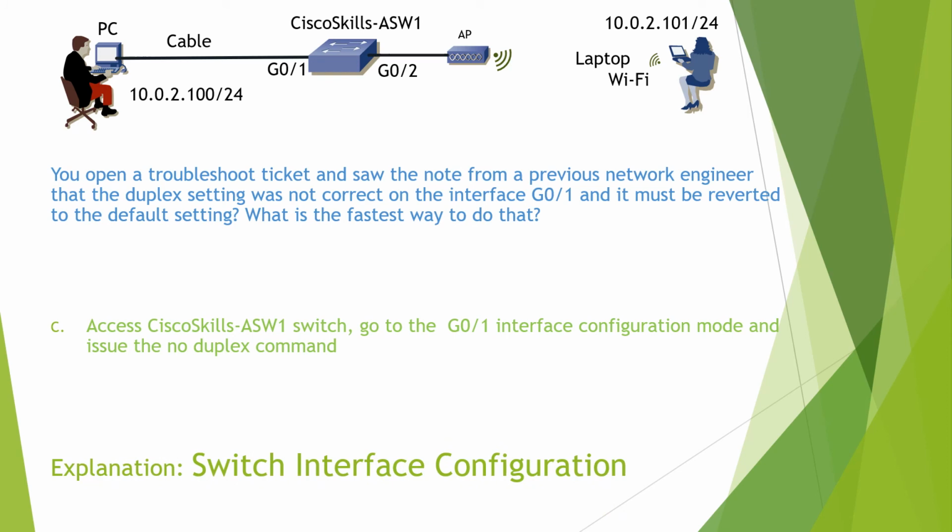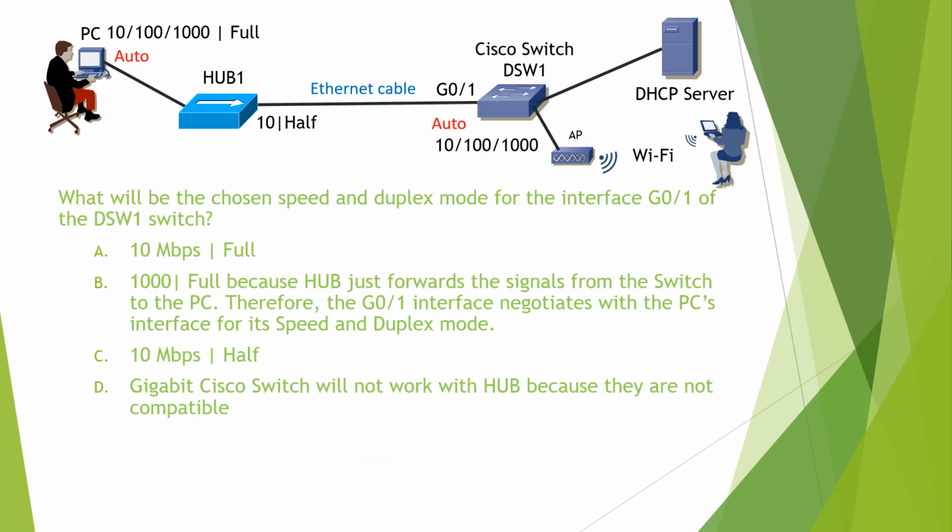Switch interface configuration. The question reads, what will be the chosen speed and duplex mode for the interface G0/1 of the DSW1 switch? We notice that the interface G0/1 of the DSW1 switch has auto settings, and in this case it is connected to a hub with the speed of 10 megabit per second and half duplex mode.